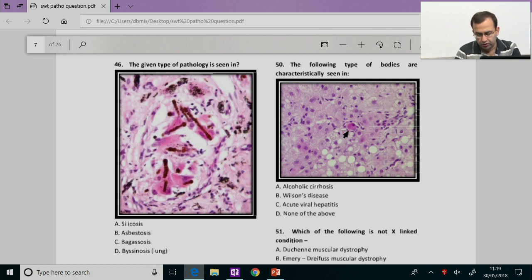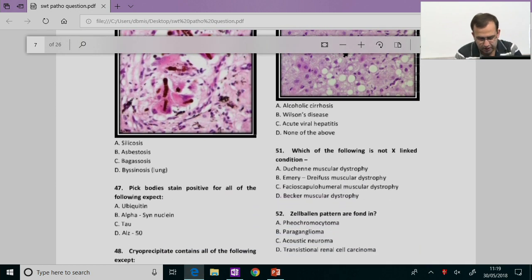So diagnosis, asbestosis. Done. So we have seen the three main restrictive lung diseases, the parts of pneumoconiosis, which were coal workers pneumoconiosis, silicosis, and asbestosis. Next, question 47. Pick bodies stain positive for all of the following except.